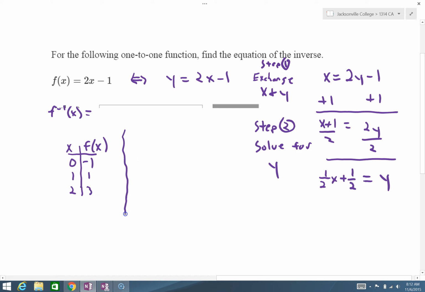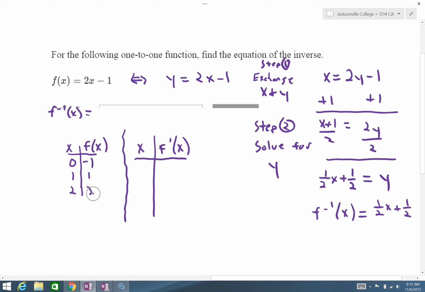Now separately, let's look at x and the inverse. This is my inverse over here. I'm simply going to rewrite this as f inverse of x, 1/2 x plus 1/2. Now I'm going to take these y values and substitute them in, and you'll see it's going to pair with these.